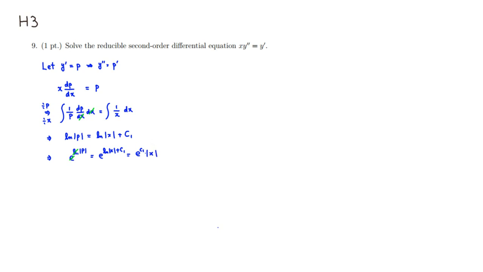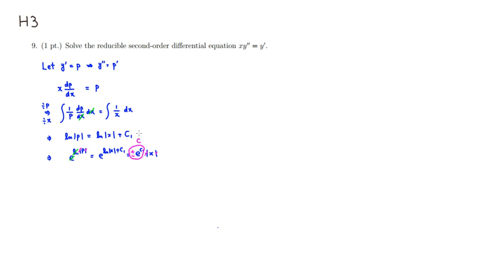Since I want to get rid of the absolute value sign, I have to consider positive or negative, and we can scratch this absolute value sign as well. Then I'm going to call this a big constant, say c.